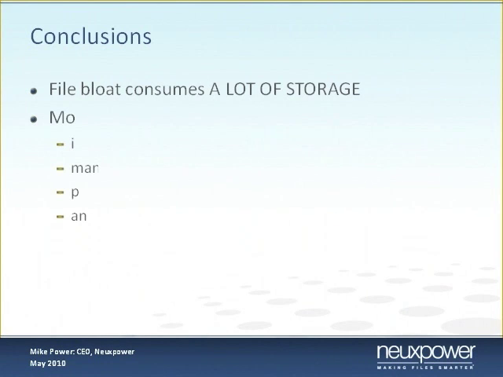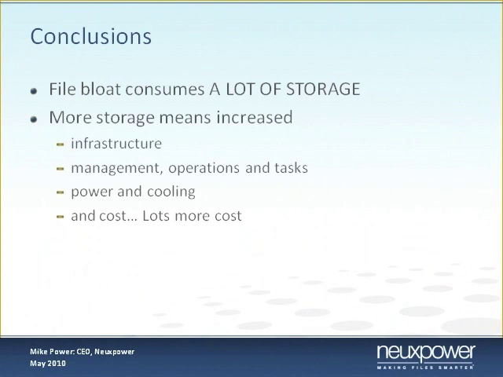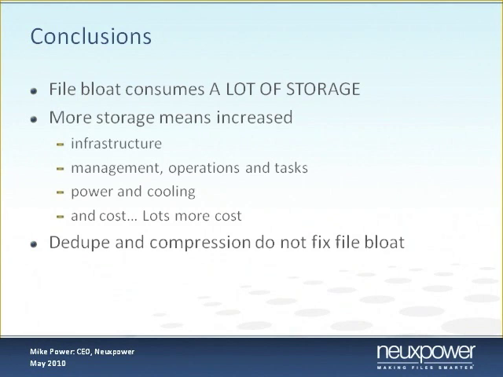In conclusion, file bloat consumes a lot of storage, and more storage means increased infrastructure, management, power, cooling, and a lot more cost. Deduplication and compression do not fix file bloat, and Neuxpower does.